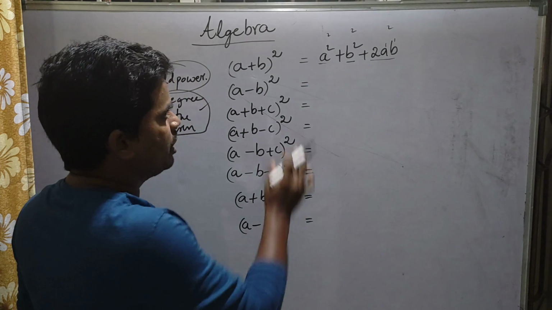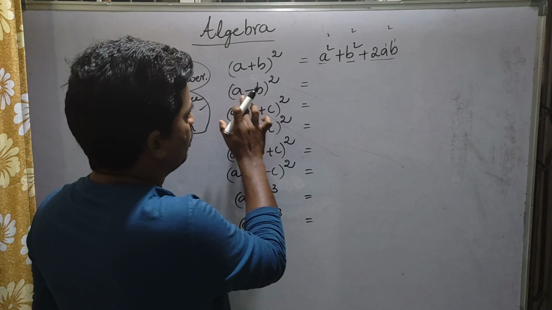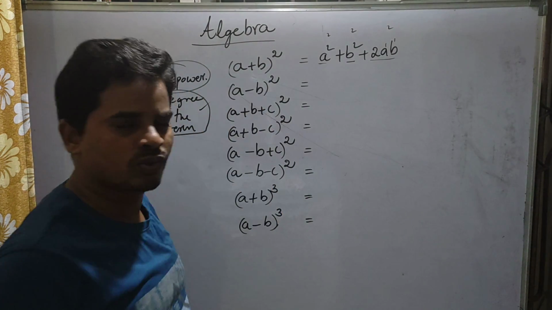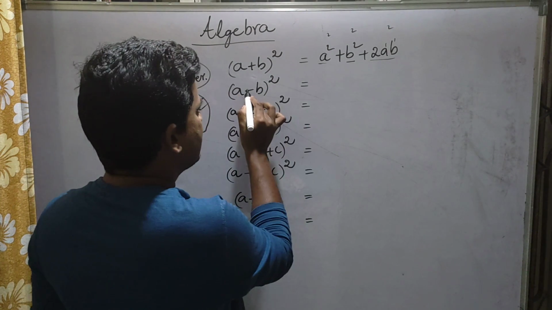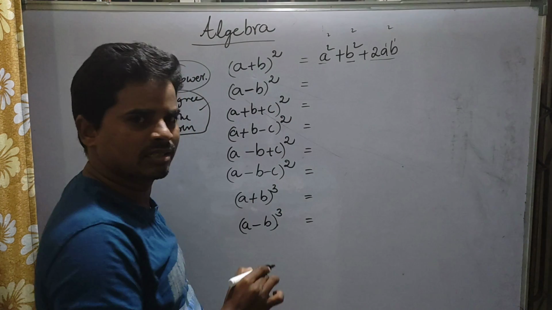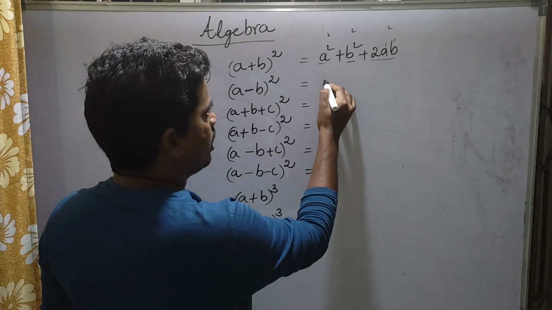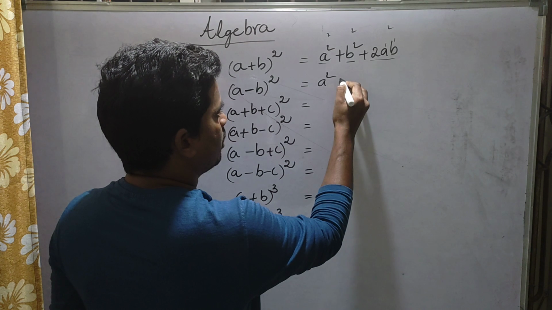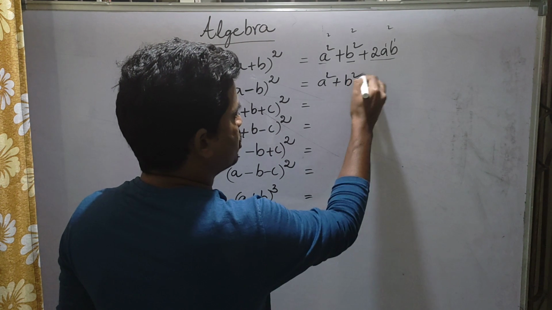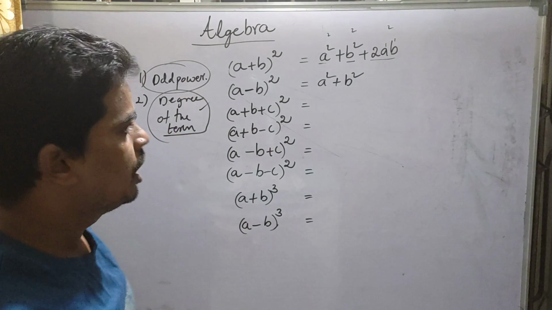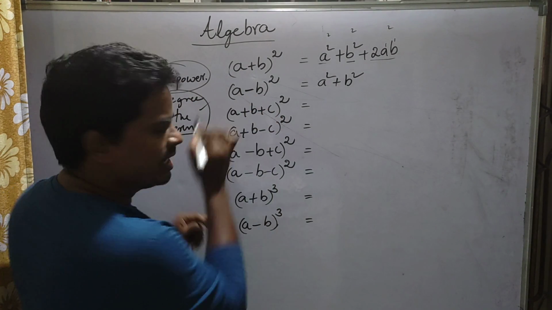Okay. Next, here suppose a minus b whole square is there. So a minus b whole square means here b has the minus. First a square plus b square is common. Here b has minus.